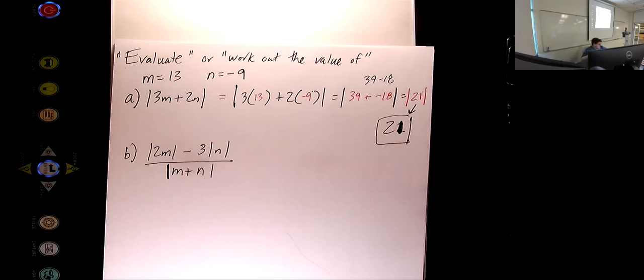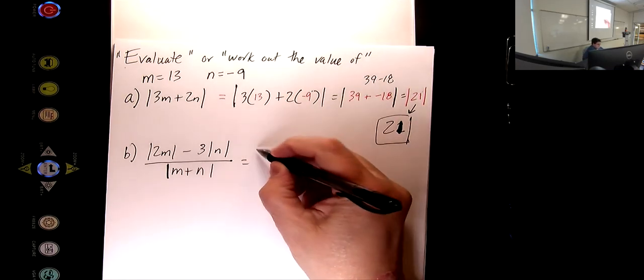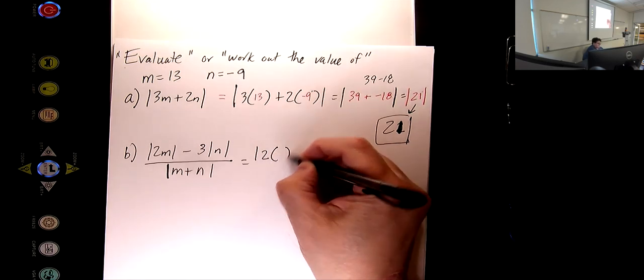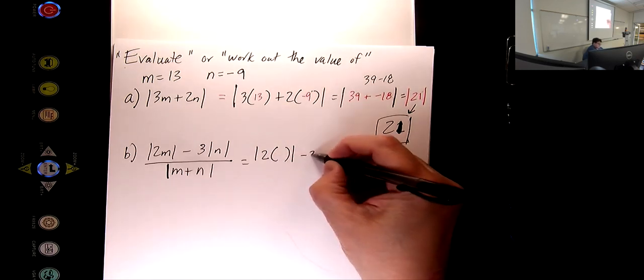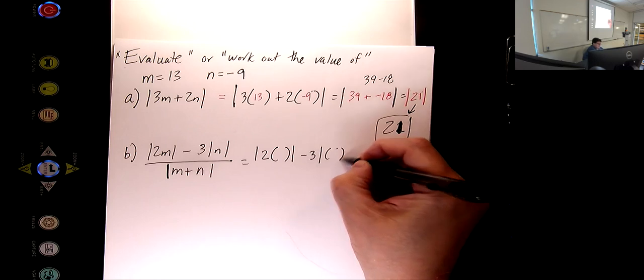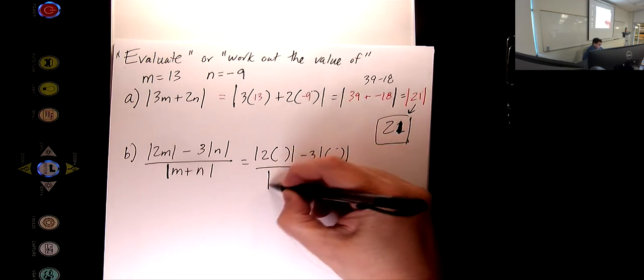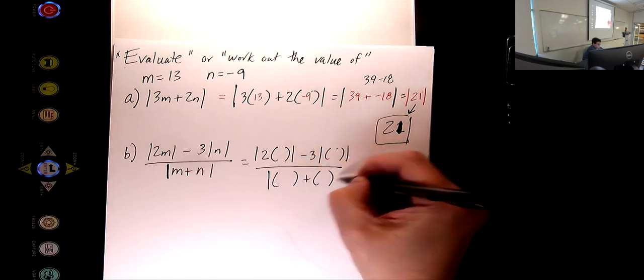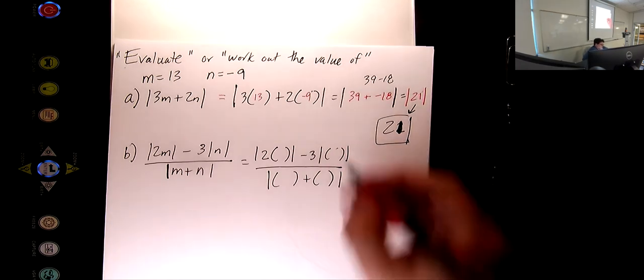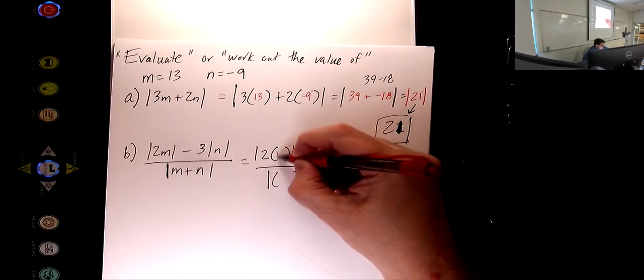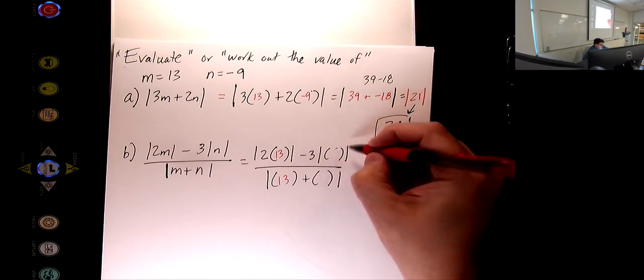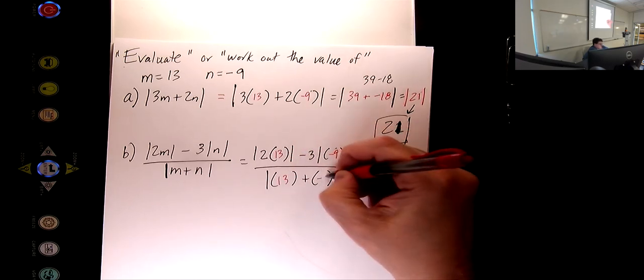All right, let's see what madness we did on this next one. Did everyone get that? Okay. I'm going to again copy down the problem, plugging in parentheses and filling in values. M is 13, it shows up here and here. N is -9, it shows up here and here.